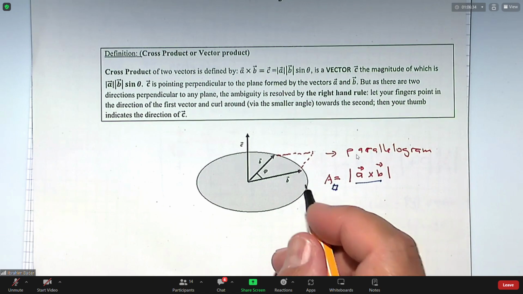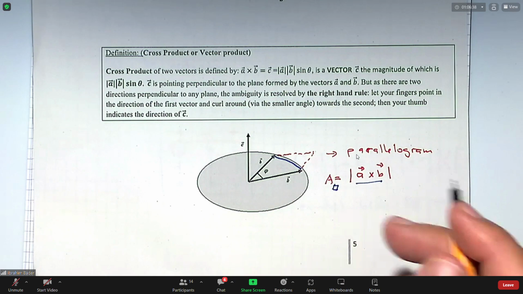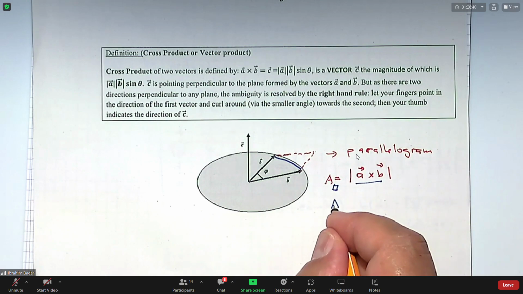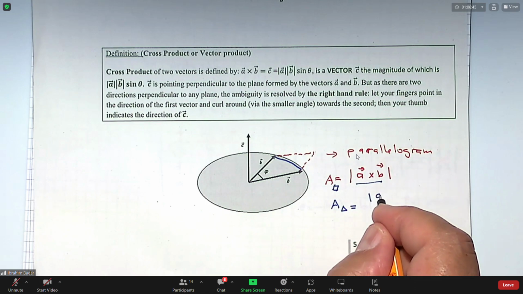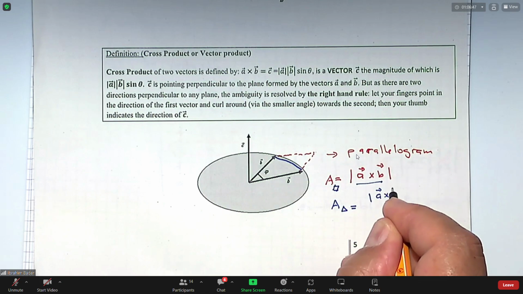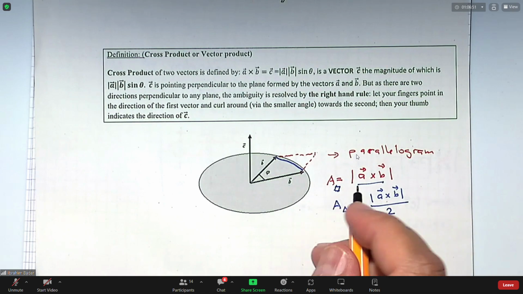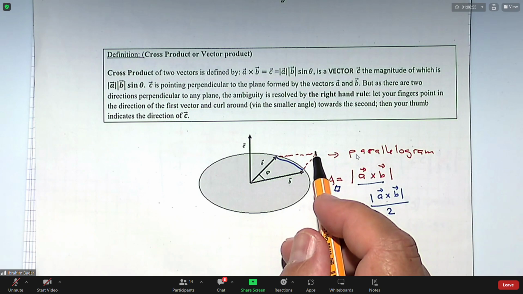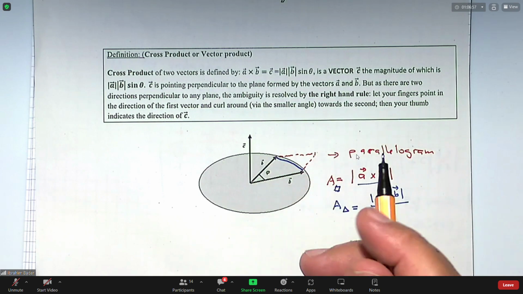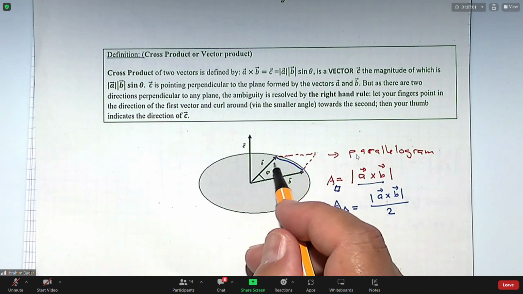Now, if you want the area of this triangle that is spanned by these two vectors, it will be half of this, as per the properties of the parallelogram. A parallelogram is similar to a rectangle, but it doesn't have right angles. Each pair of opposite sides are equal, but these angles are not right angles.